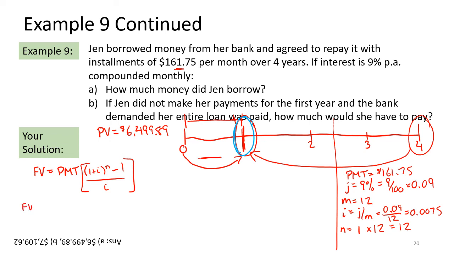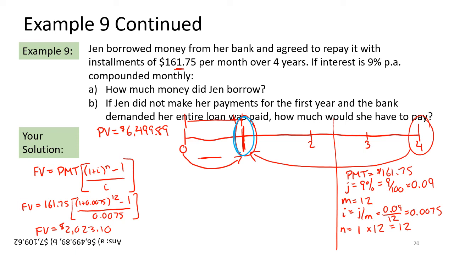Our future value is equal to 161.75 times 1 plus 0.0075 to the exponent 12, minus 1, divided by 0.0075. And if we calculate that out, we get a future value of $2,023.10. So that's the value of that at year 1, right?